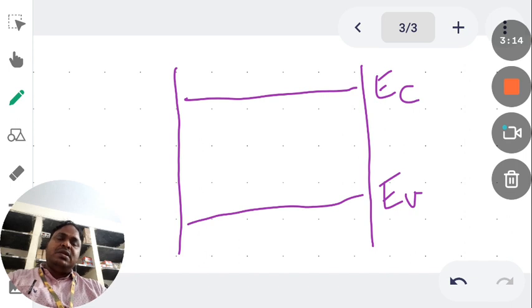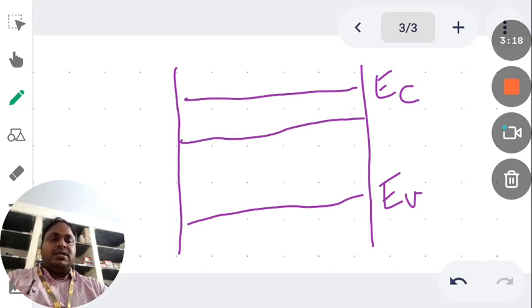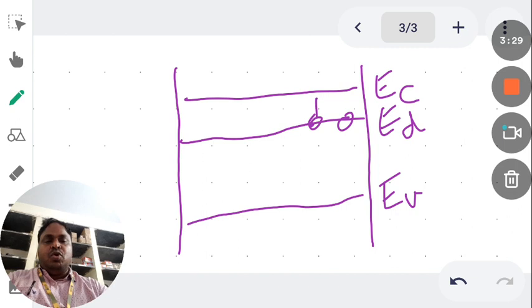Since they donate their electrons to the conduction band, the donor energy level is just below the conduction band. When temperature increases, these donor electrons move over to the conduction band. When these electrons in the donor level go to the conduction band, they create holes in the donor level.